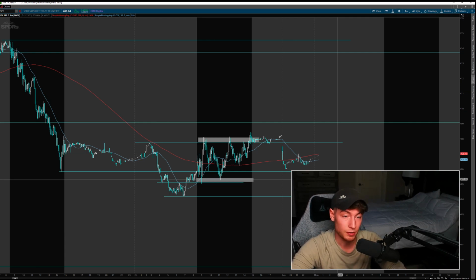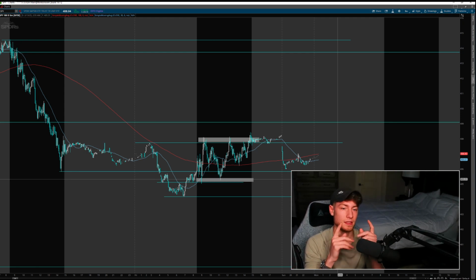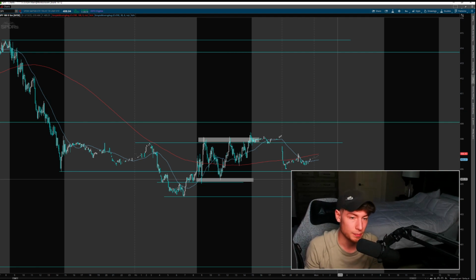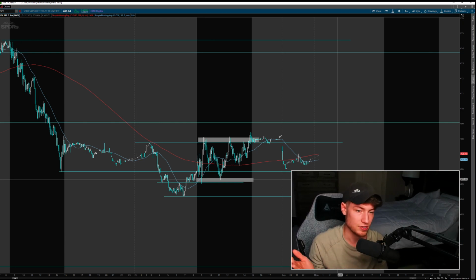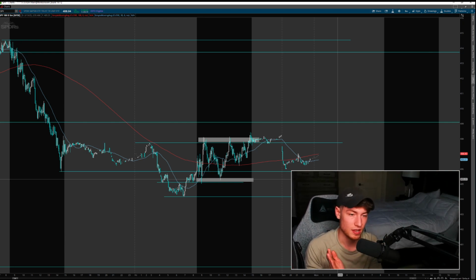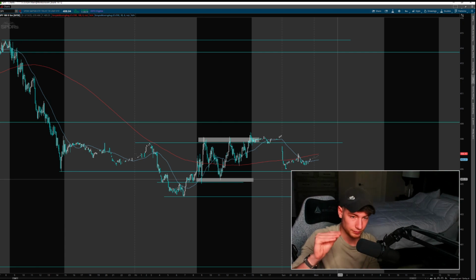NVIDIA, you had a break below, you had a recovery, a break below, retest, and further downtrend. That's the difference, right? That's the difference when you're looking at these two: this one had no break above or break below with retest, no direction, no momentum to the upside or downside, just straight up sideways consolidation price action. And the video was totally different.